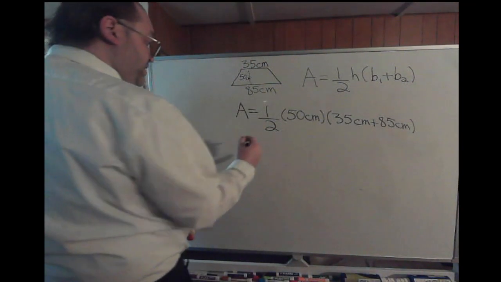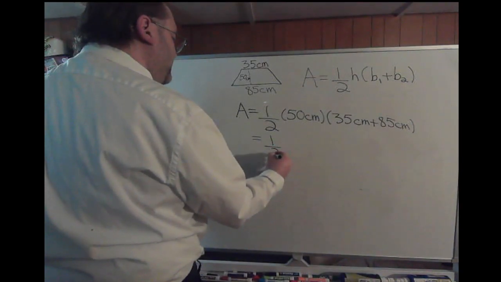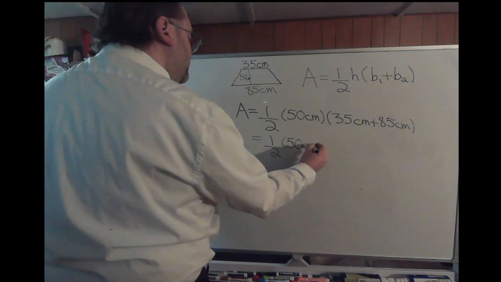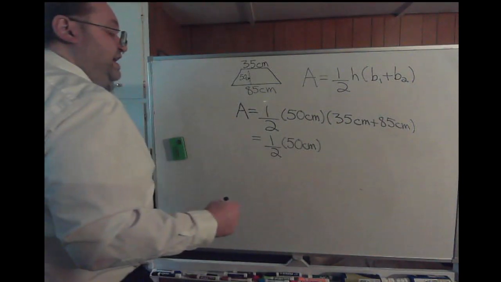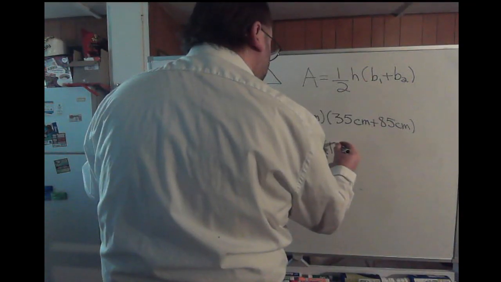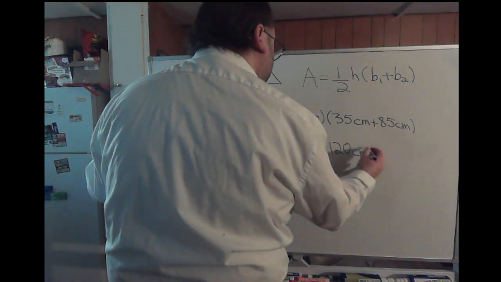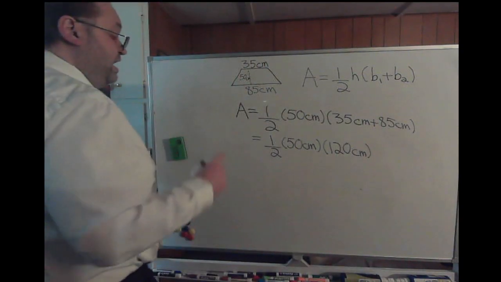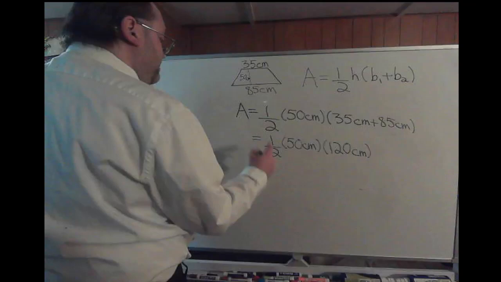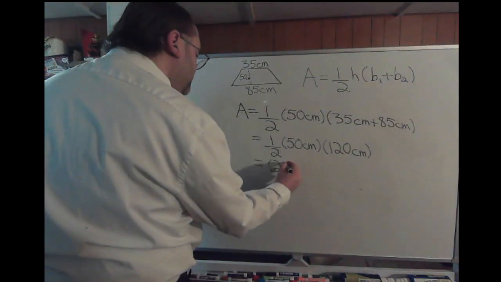Of course, according to the order of operations, we do what's in the parentheses first. So you'll have 1/2 times 50 centimeters. Now we need to add up 35 and 85. Last time I checked, that was 120. So that'd be 120 centimeters. Now we can just do a straightforward multiplication problem. 1/2 times 50 is just going to be 25 centimeters.